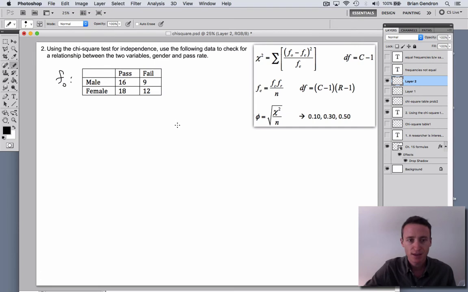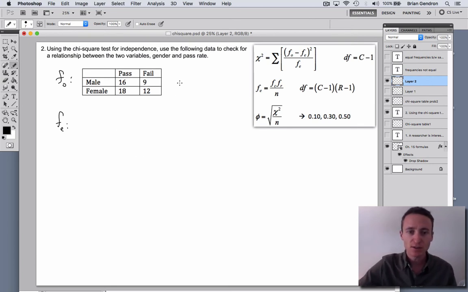We need to compare that to expected values in order to calculate our test statistic. However, the thing to consider here is that we actually need to calculate our expected frequencies using this formula right here. And that's because we have two variables to consider. Essentially, the expected values are based off of the null hypothesis, but we have a matrix to deal with, which adds sort of an extra level of complexity in determining these values.